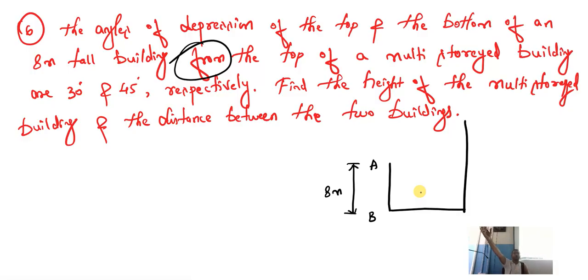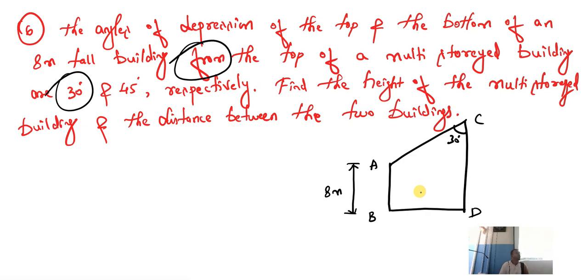One apartment, one flats, that is called a multi-storied building. More than one floor if any building has, such a building is called a multi-storied building. From this multi-storied building, let me say CD, the angle of depression is happening to the top and to the bottom. First, to the top, they have given 30 degrees.